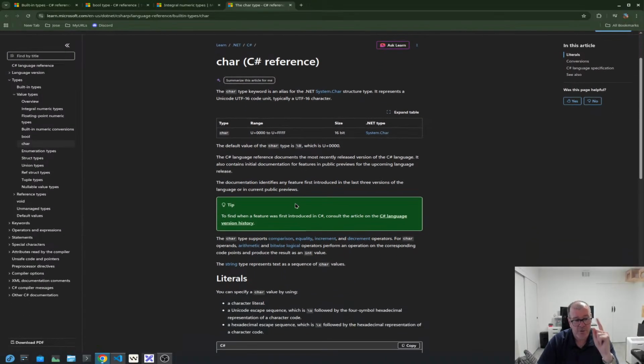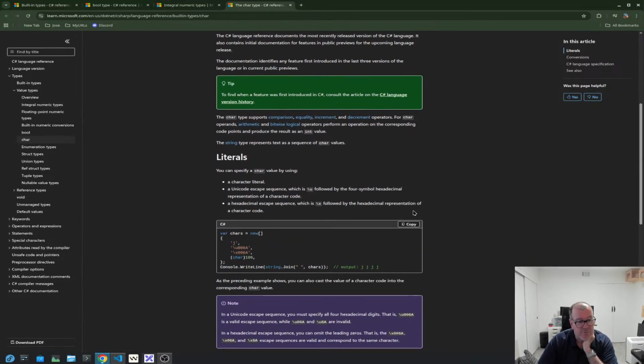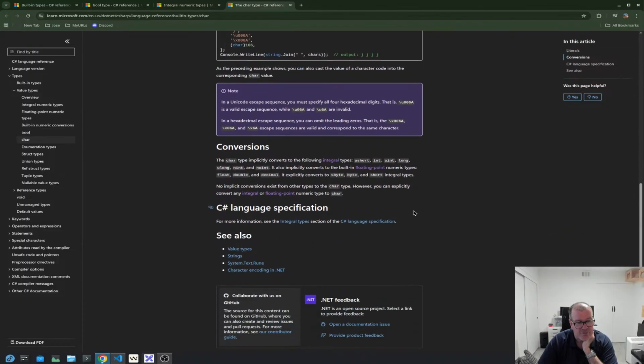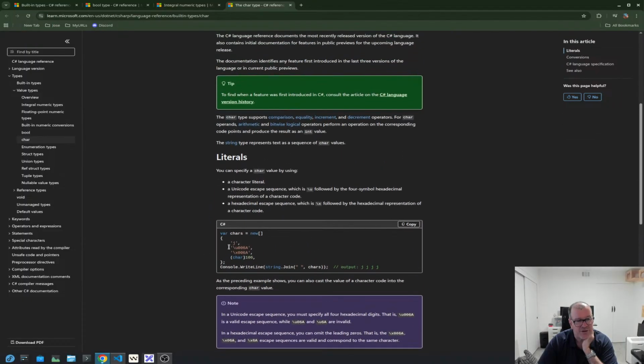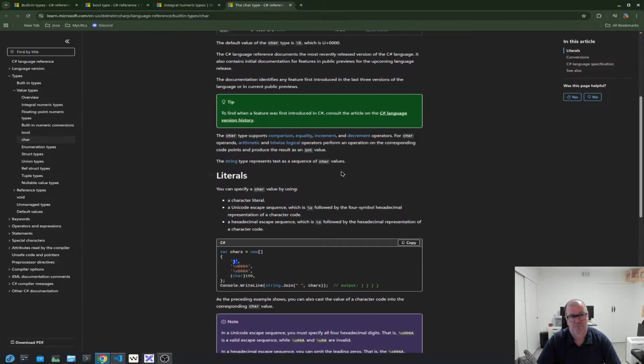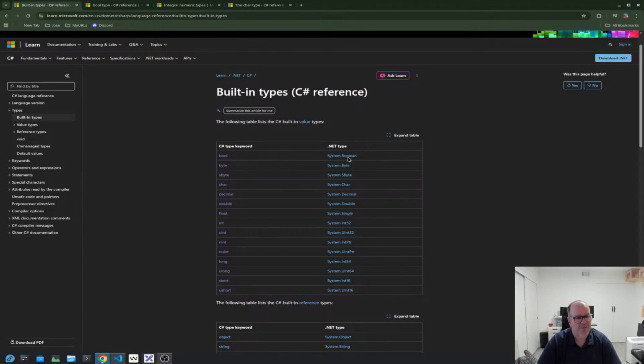So a char can only represent one letter, one number, one symbol. And there is one catch when we are using char: when we put a char constant, we need to use single quotes. Later on, when you learn about strings, we're going to use double quotes. This is how C# knows that you are defining a char and not a string with just one position. Cool? Let's go back here.